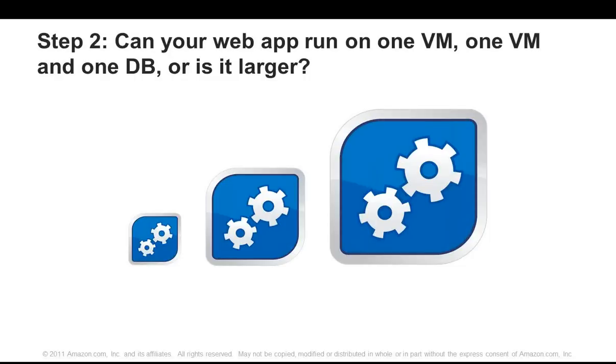Step 2 is, can your web app run on just one virtual machine? Can it run on one virtual machine and one database, or is it larger? While this step is mainly a function of size, there are other considerations as well, so we'll cover those.